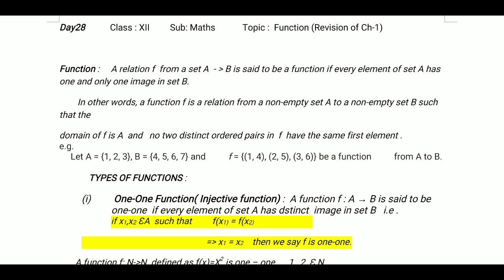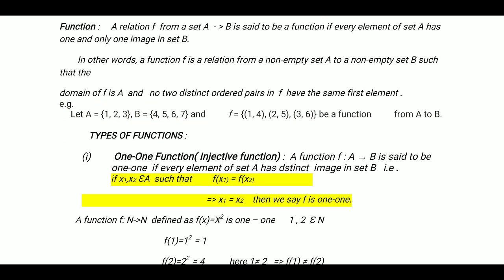Because every element of set A is associated uniquely with an element of set B, as 1 of set A is associated with element 4 of set B and not others. Similarly, 2 is associated with 5 and not others. In this manner, we can say this is a function.